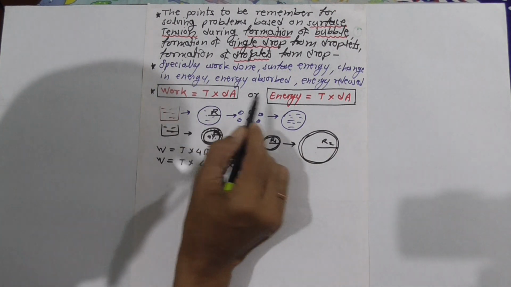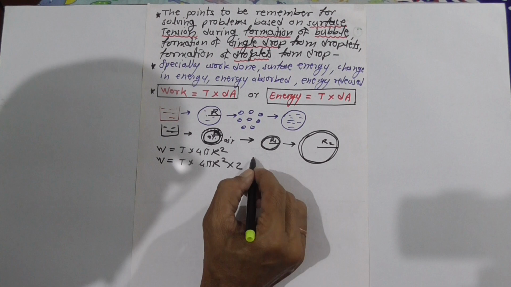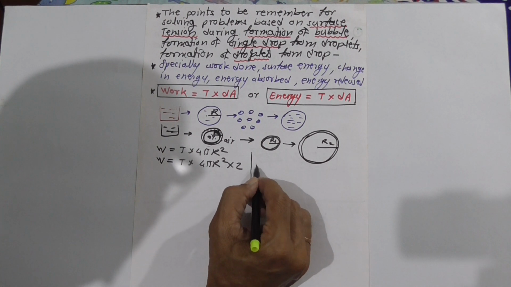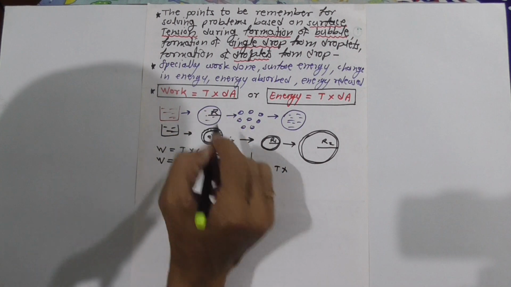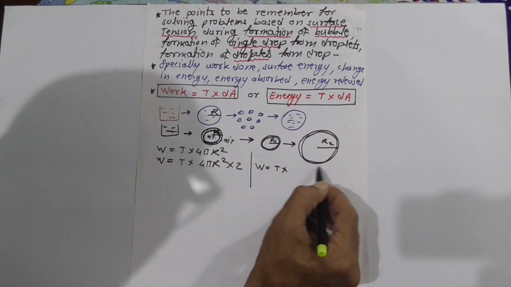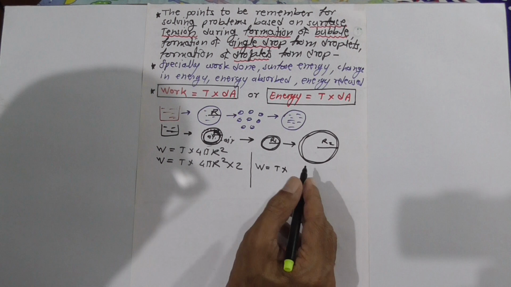Again the same expression should be used. Work done W is equal to T into change in area. Change in area is final surface area minus initial surface area.